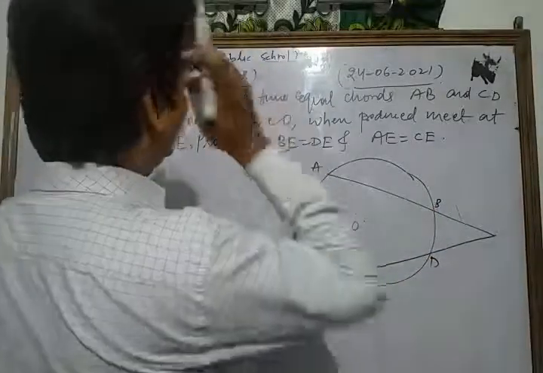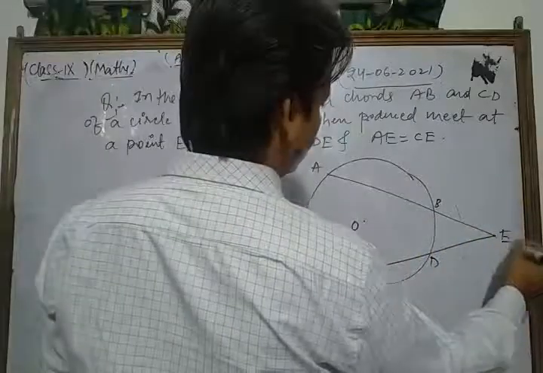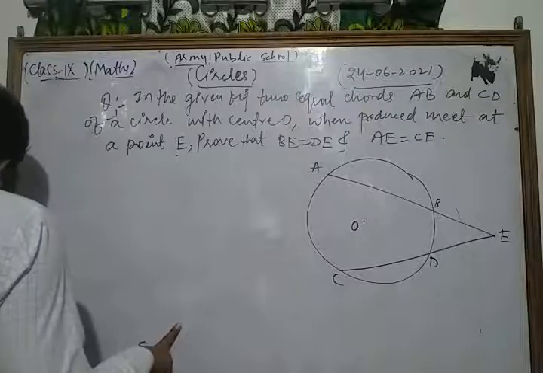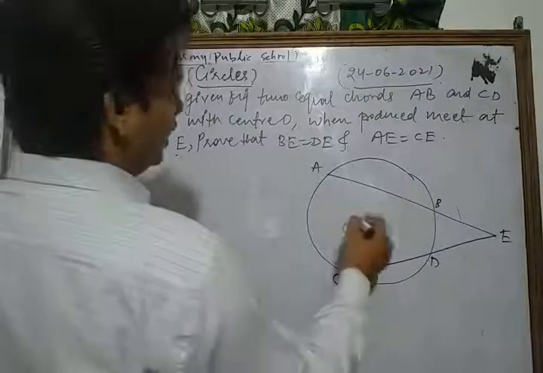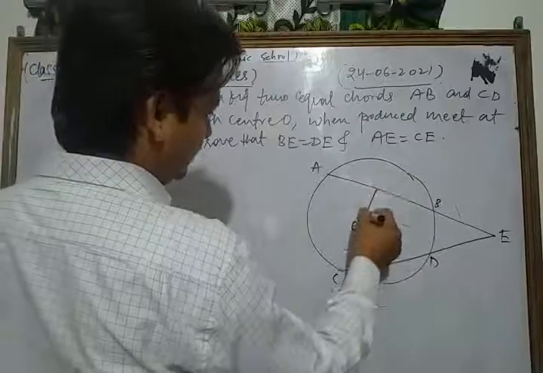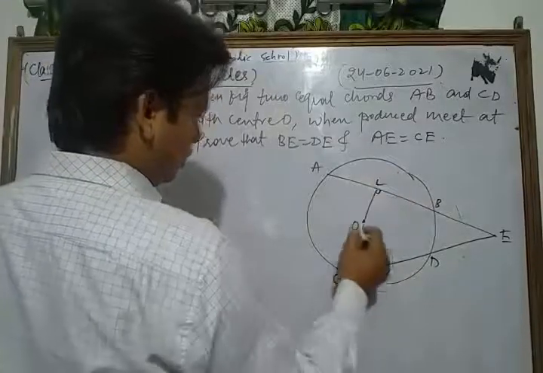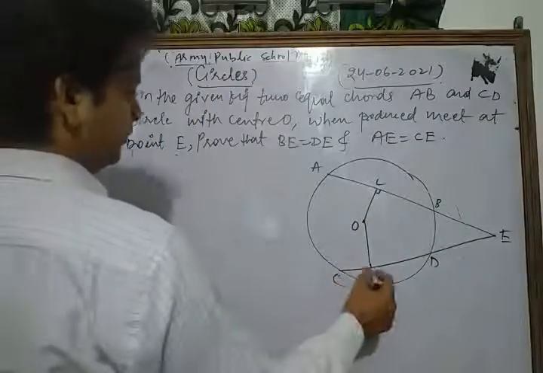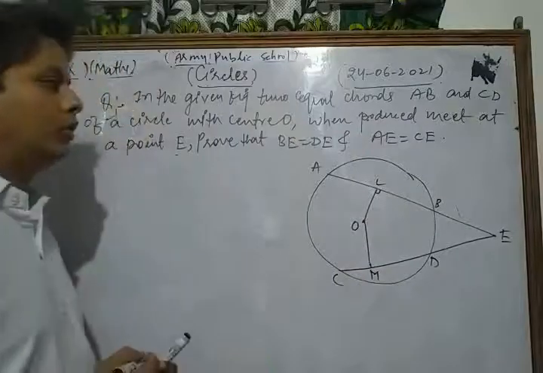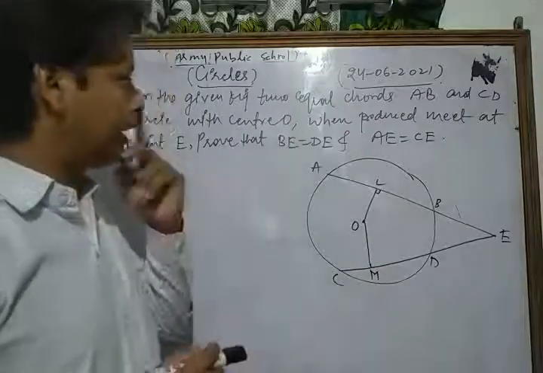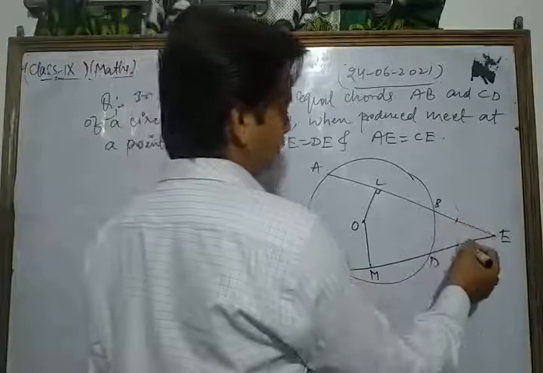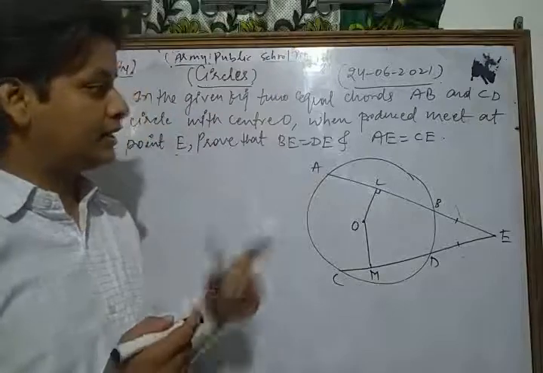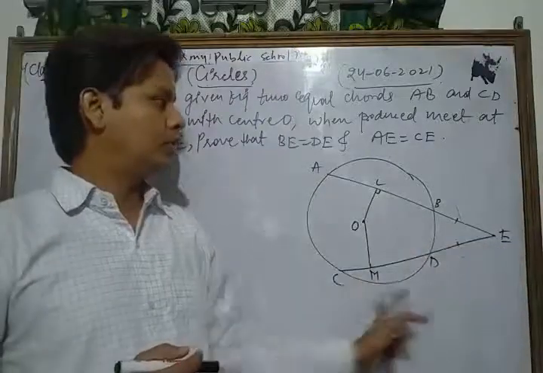AB and CD produced meet at point E. Here this is the center, and here are OL and OM. This is the figure. Now we have to show that BE is equal to DE, as well as AE is equal to CE.